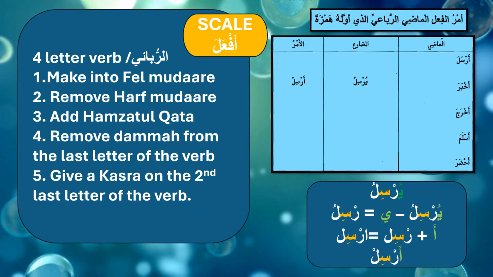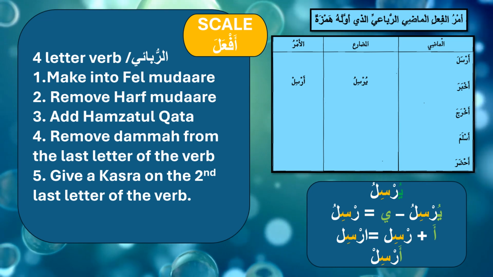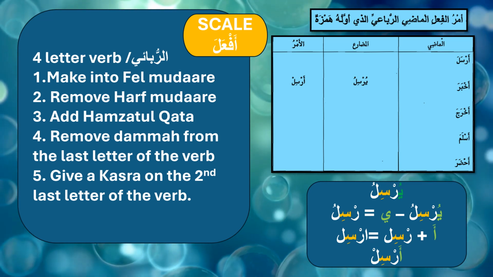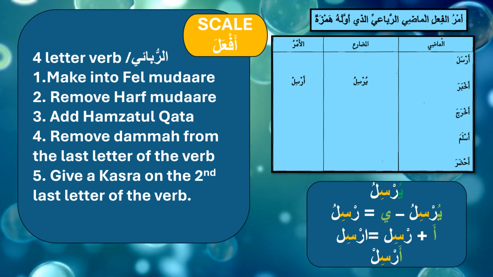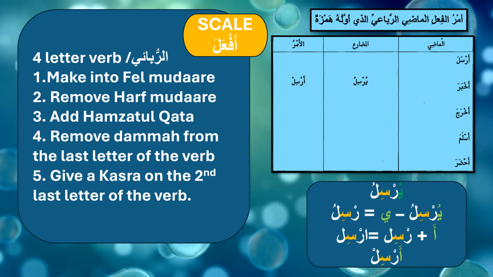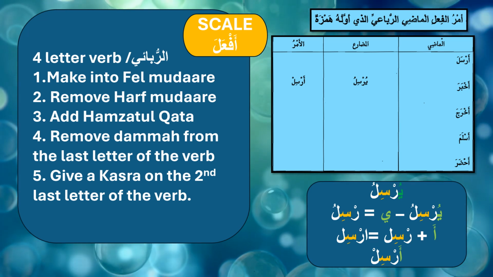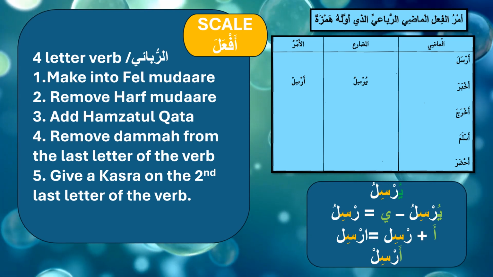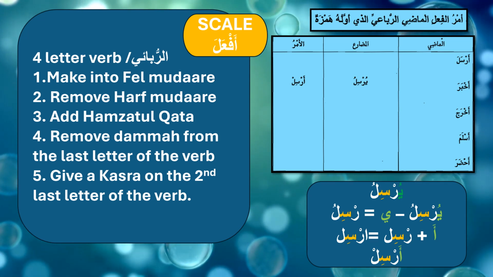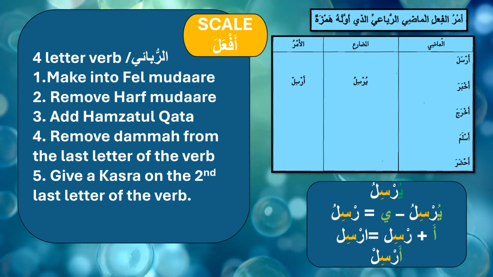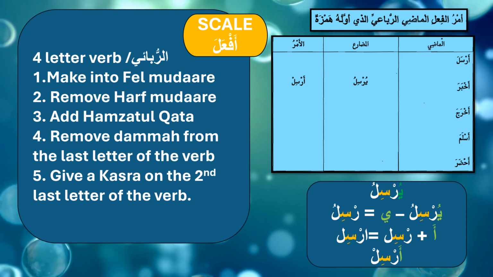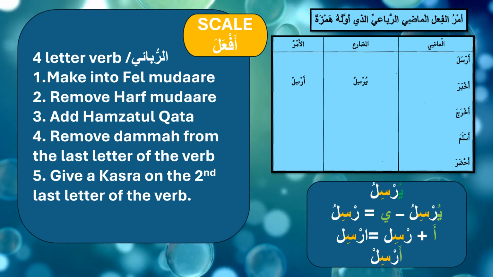Now in this scale, af'ala, you will see there are certain changes in the harakas and the structure. So usually the scale af'ala is formed from the fi'l sulathi, and in this structure you will see there is an extra letter, that is a hamzatul qata, in the structure of the past tense. So in this four-letter verb, you will see that there is already a hamzatul qata present in the structure here.